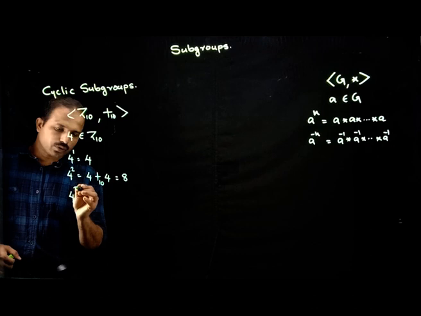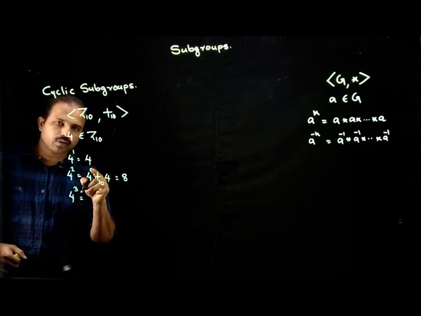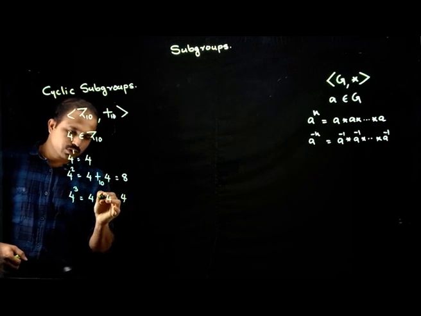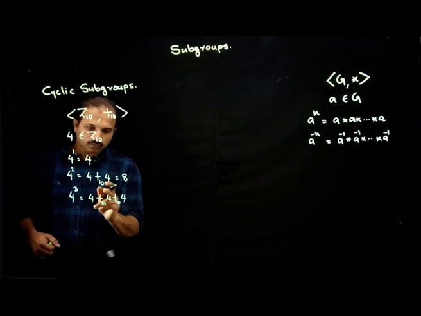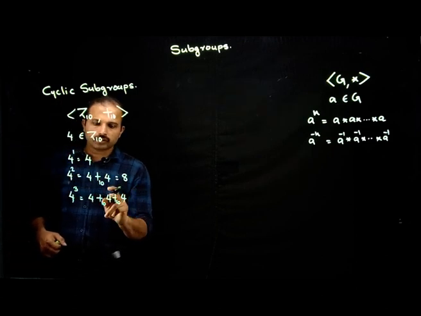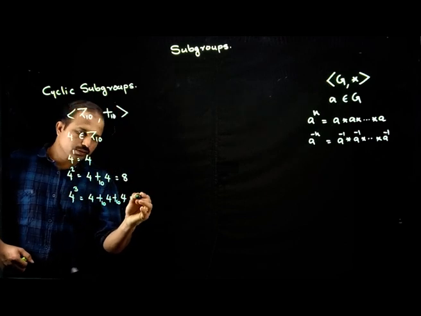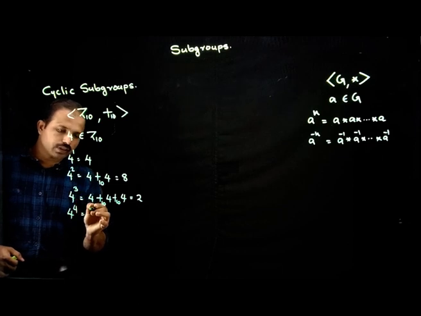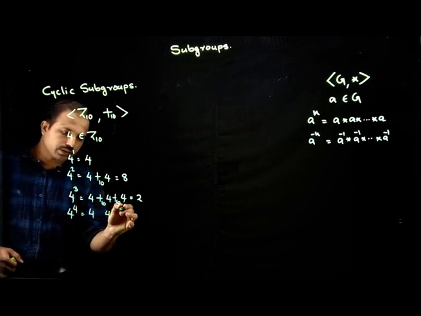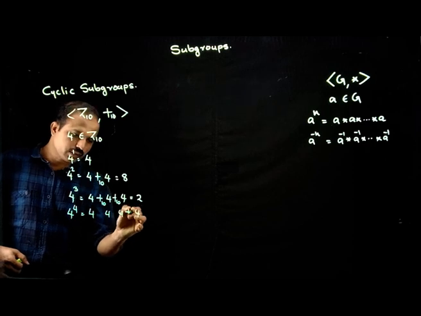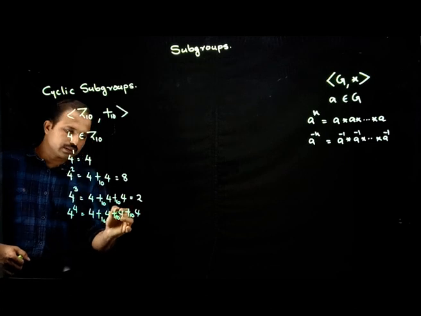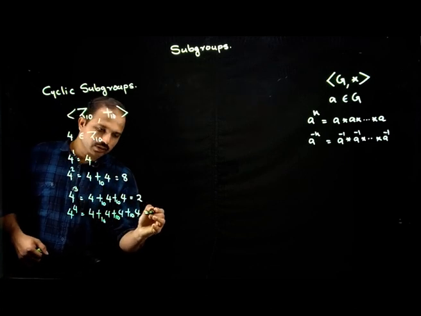Now you find 4 cube. 4 cube means 4 is operated 3 times, and the operation is addition modulo 10. So 4 plus 4 plus 4 becomes 12, and 12 under addition modulo 10 is 2. Now what is 4 raised to 4? 4 raised to 4 means 4 is operated 4 times, so this is 16, and 16 under addition modulo 10 becomes 6.